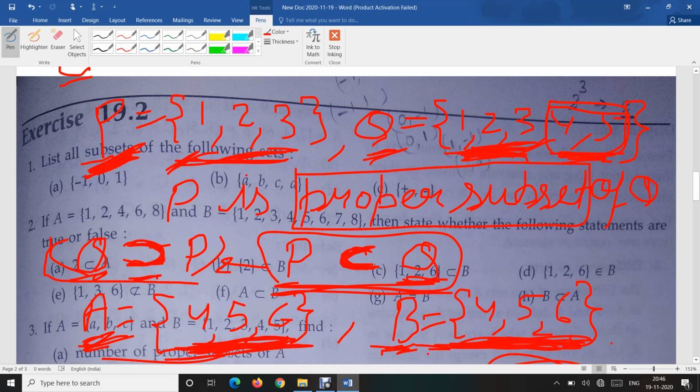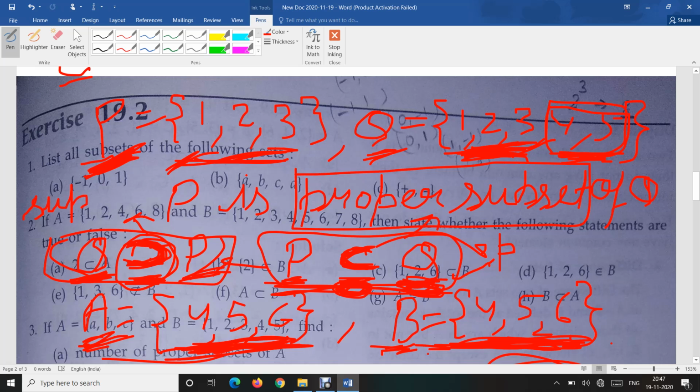But we cannot read it in the same way. This one is read as P is the proper subset of Q, but here we will read it as superset. Q is the superset of P.